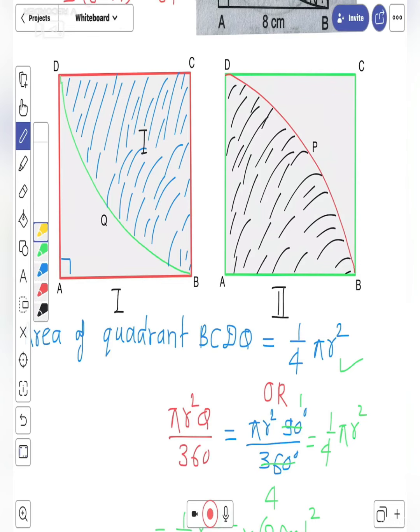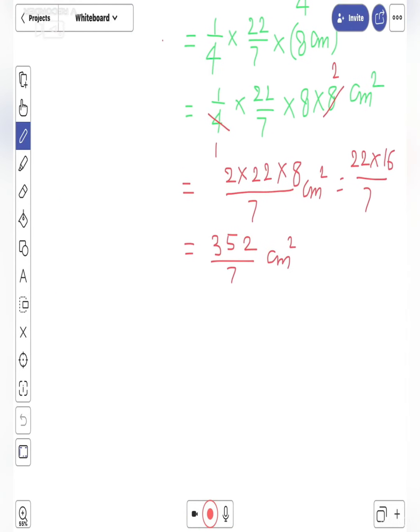Yes, you will get here for the area of the second quadrant, the area of quadrant ABPD, and you will use the formula 1/4 pi r square.